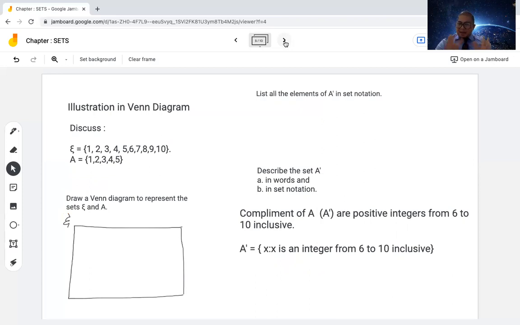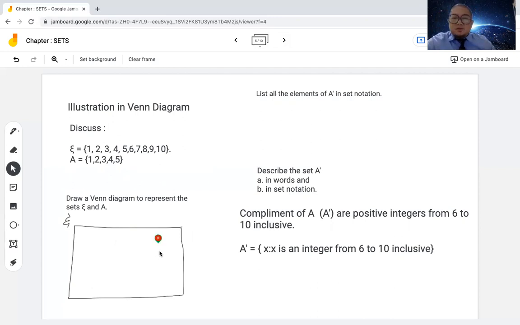Imagine that the elements of the universal set are inside this box, so you will see 1, 2, 3, 4, 5, 6, 7, 8, 9, 10 inside this box. And since we know that A is part of the universal set, A would be inside the box. And to illustrate a regular set, what we need to do is to make a circle.